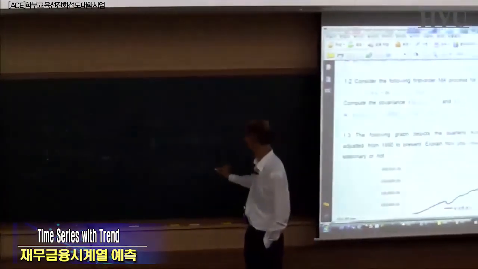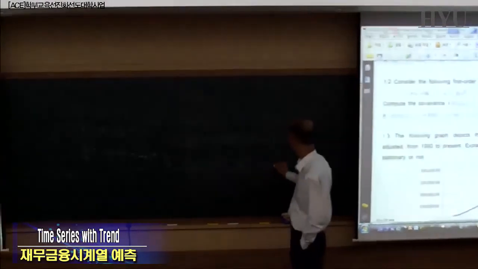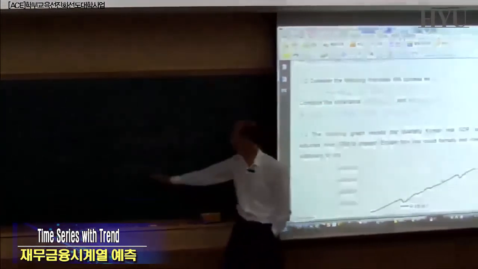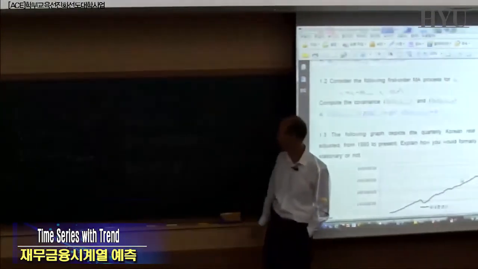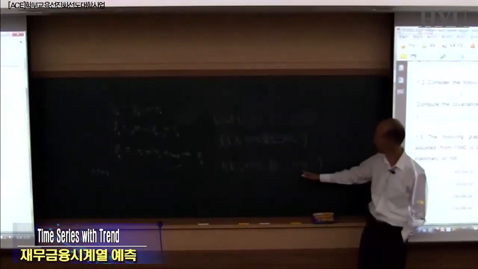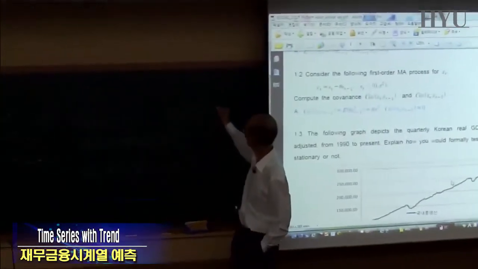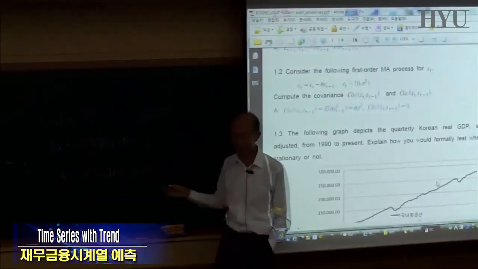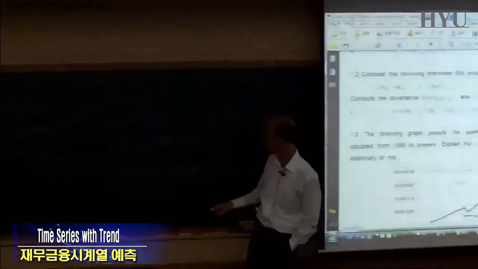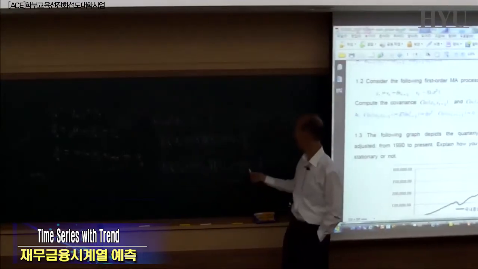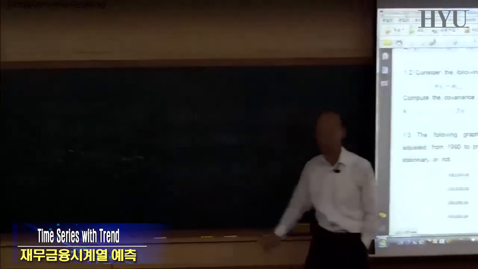So epsilon t minus 1, plus theta epsilon t minus 2. So can we calculate the expectation of this product? Well, because usually epsilon t is IID with mean 0 and variance sigma squared, the cross covariances are 0.